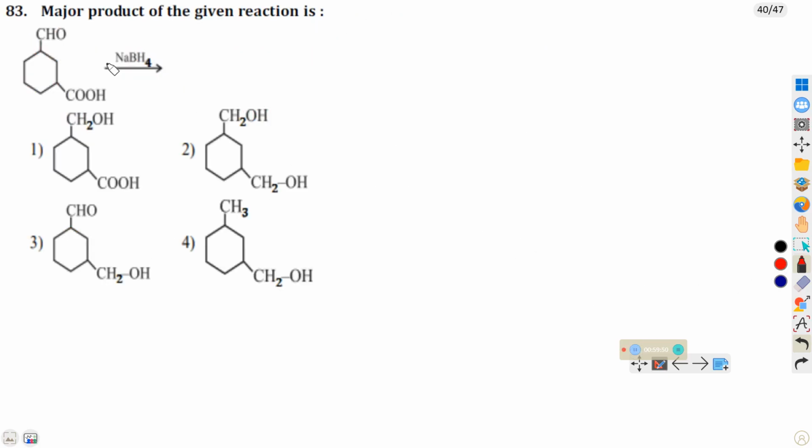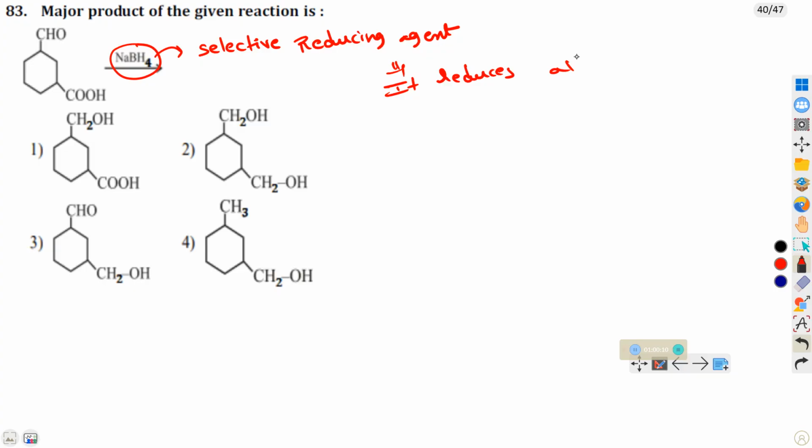Complete the following reaction. We know that NaBH4 is a selective reducing agent. It reduces aldehydes and ketones only.